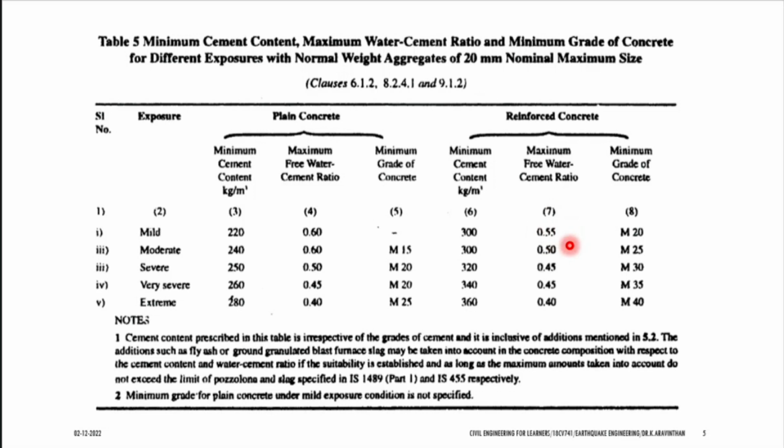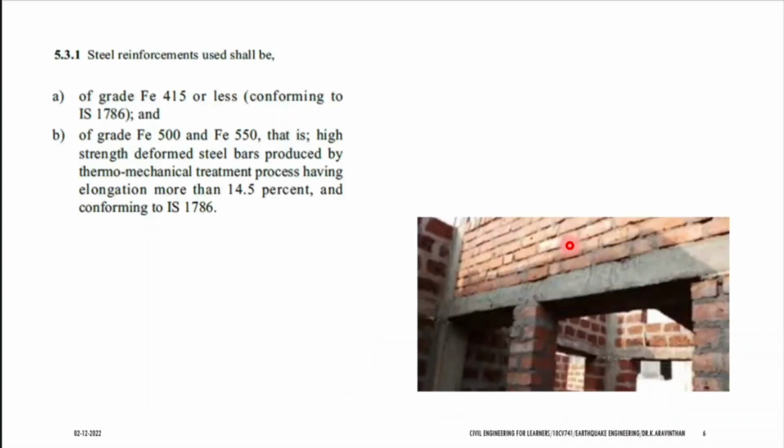You try. Now you are doing a number of projects. I don't know how many concrete oriented projects you have done. You try with a 0.55 water cement ratio, mix the concrete, you will know the workability of the concrete. It will not flow. Okay, you learn from that.